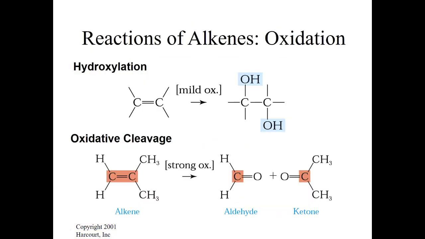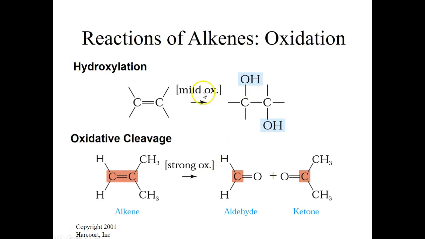Then we'll go to the next thing, which is called oxidation. Oxidation means you're adding oxygen to a bond. So, for example, this double bond in the alkene, if you oxidize it, there's different conditions you need for that, so don't worry about that part. But if you see mild oxidation, you're going to add an OH to that carbon and an OH to that carbon. So you're going to get rid of the double bond and add an OH and an OH.